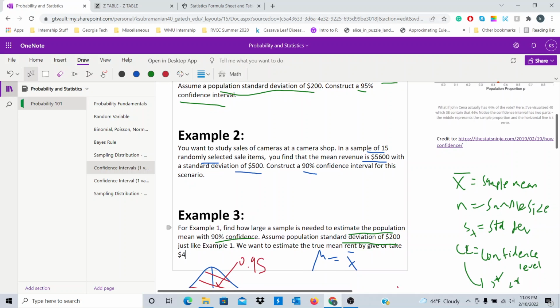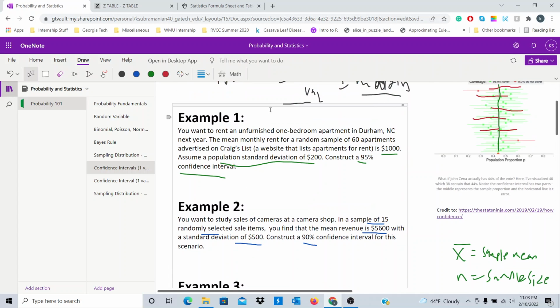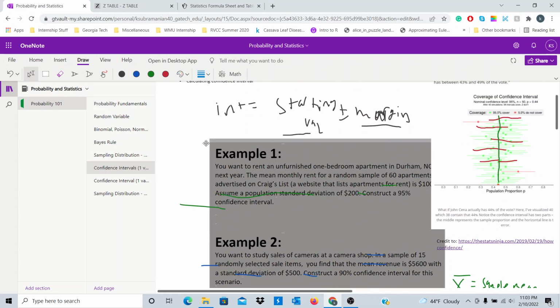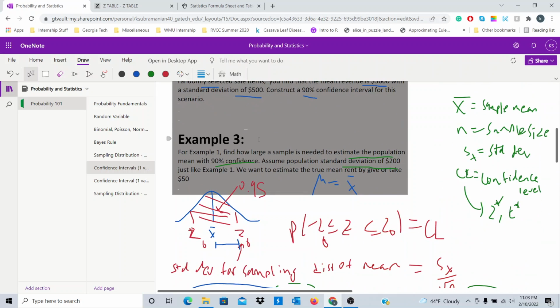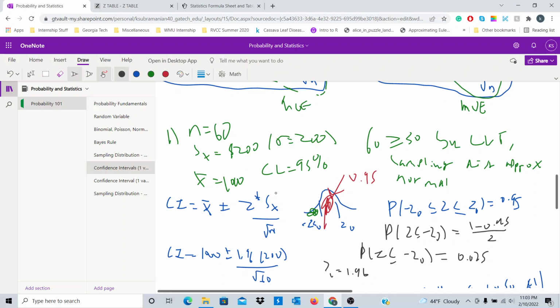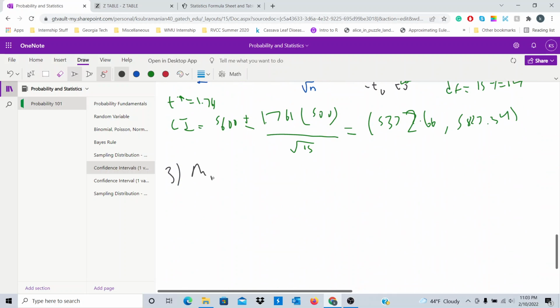So this give or take that we've discussed is a fancy way of saying the margin of error. So we know that the margin of error in this example is $50, because we want to estimate our mean rent within $50 of accuracy.